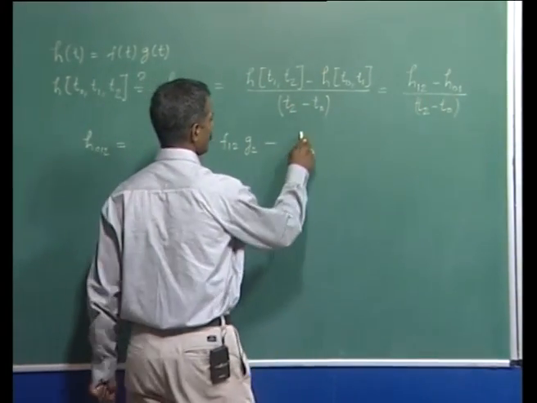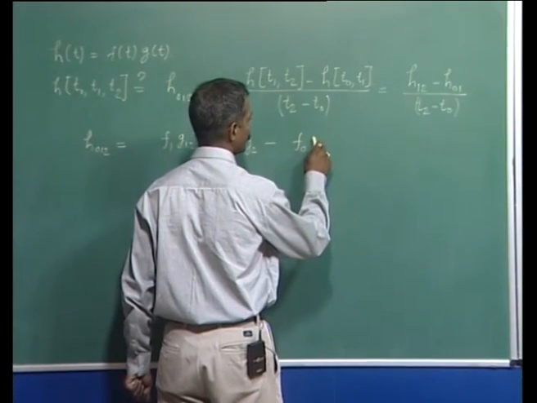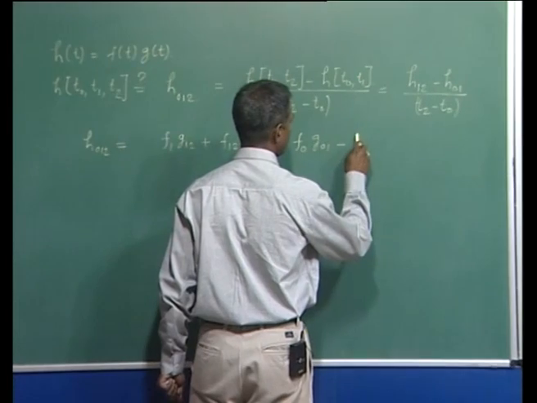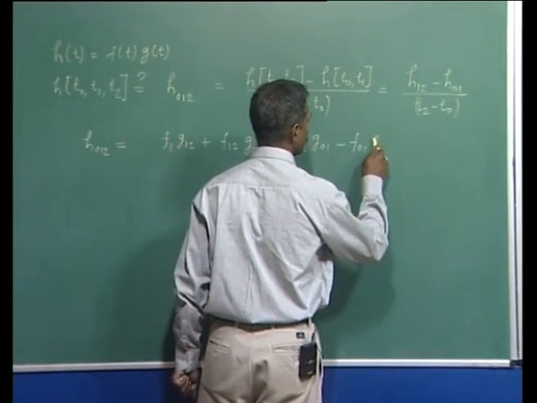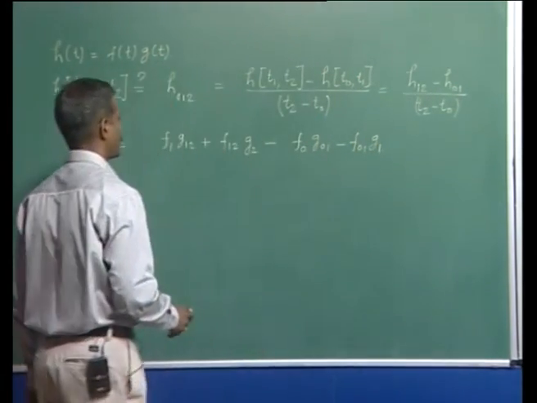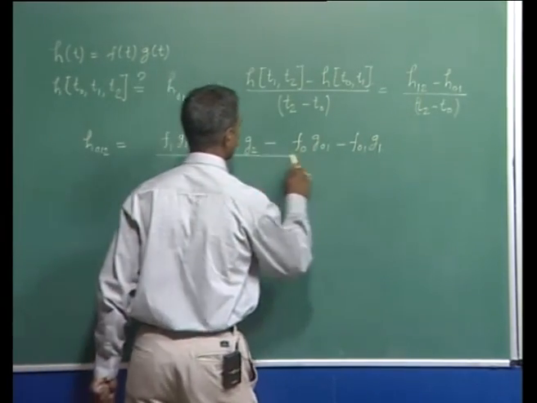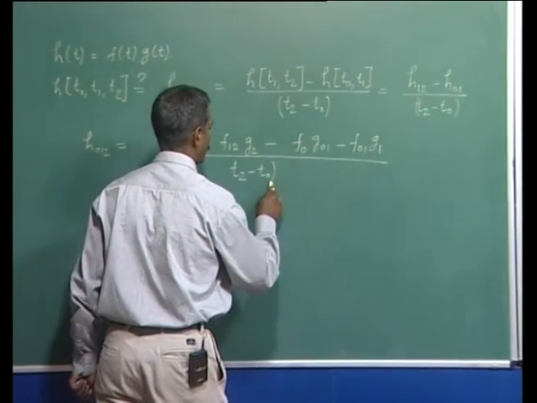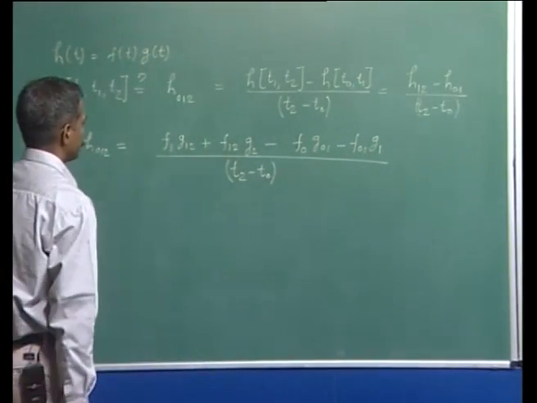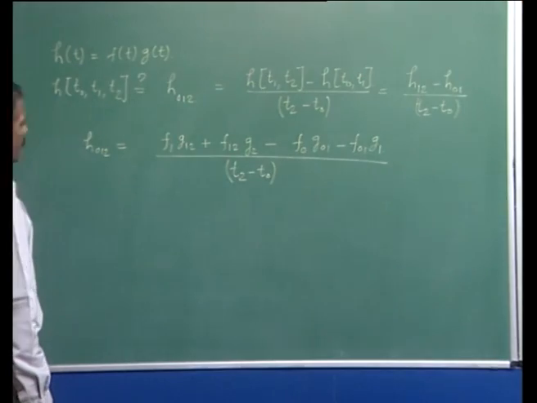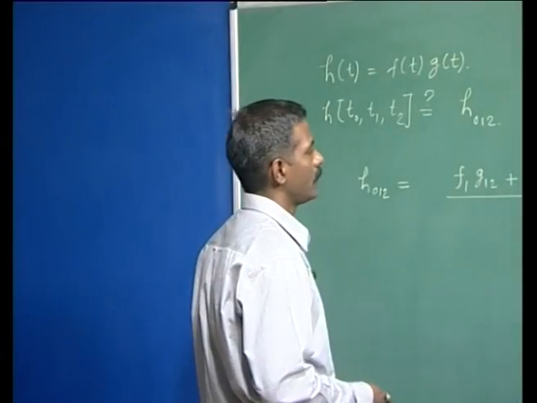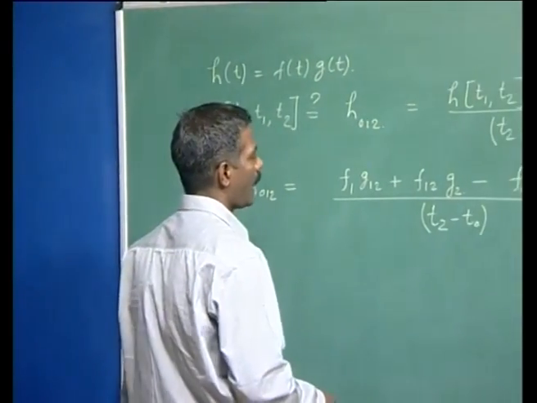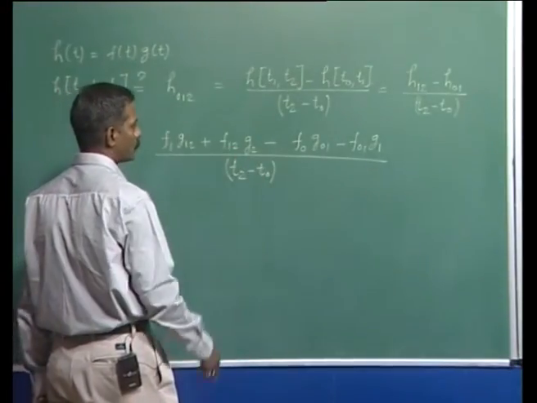This would be f_0 g_01 plus f_01 g_1, over t2 minus t0. Can I simplify this further? Maybe I can. I'll have to add and subtract a few terms.